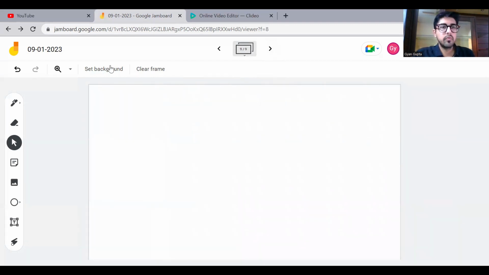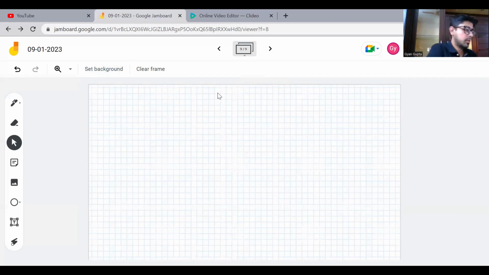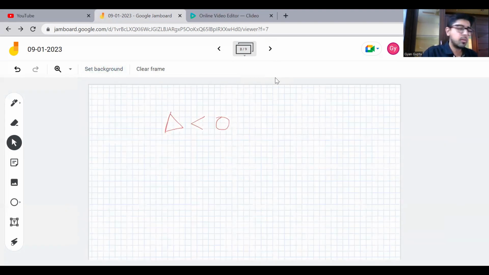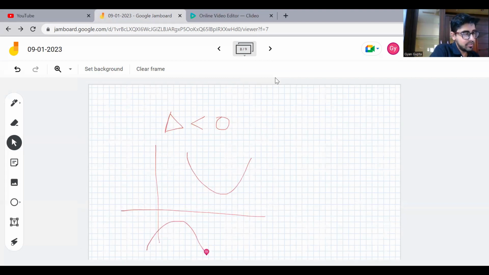Last case, very simple. In this case, we have delta less than 0. When delta is less than 0, it's like this or like this. This is when a is less than 0.